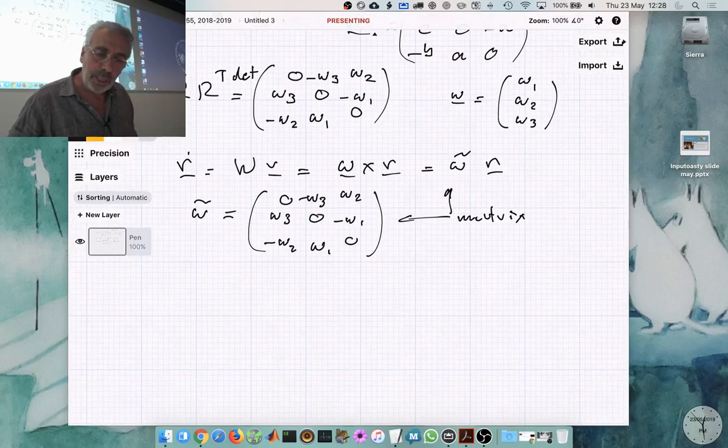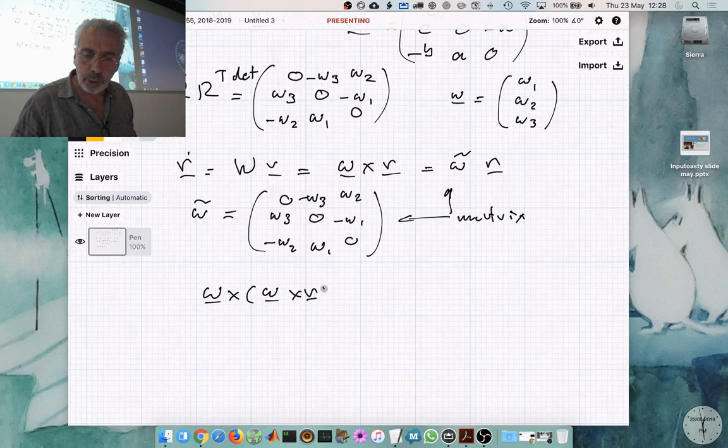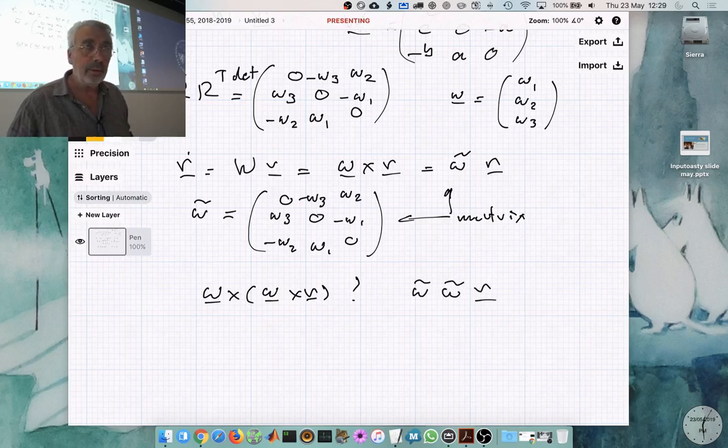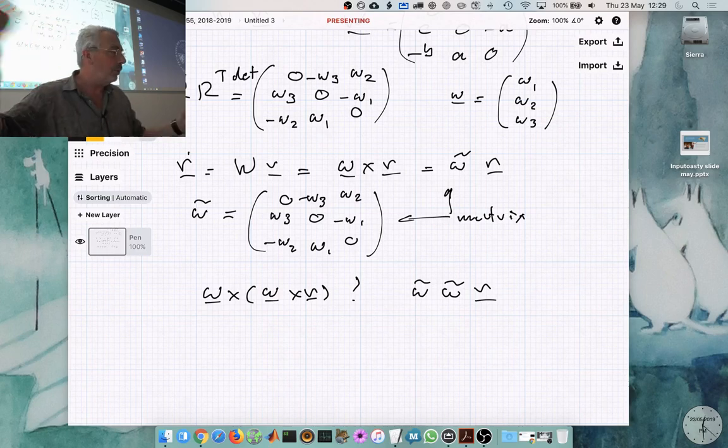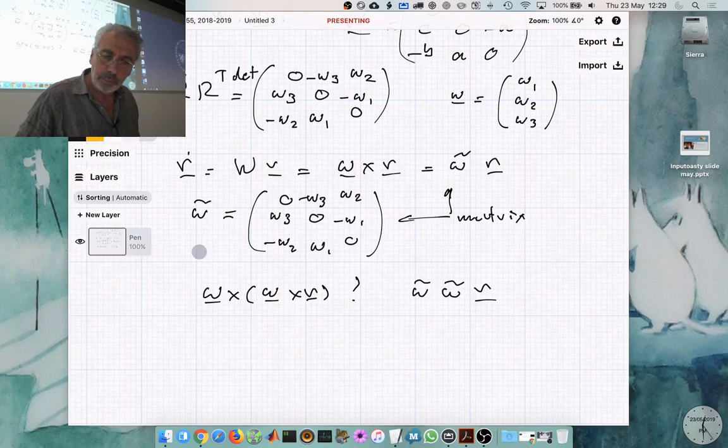So this is very handy when you want to find out what is the effect of omega cross omega cross R. What is that? You say, well, I'm going to write it like this, omega tilde times omega tilde times R. And if you do this matrix multiplication, then you immediately see, oh, that is the thing which comes up in the mass moment of inertia with x squared plus y squared, and off diagonal terms are 1 times 2 and 3 times 1. And so that is just a handy way of writing.